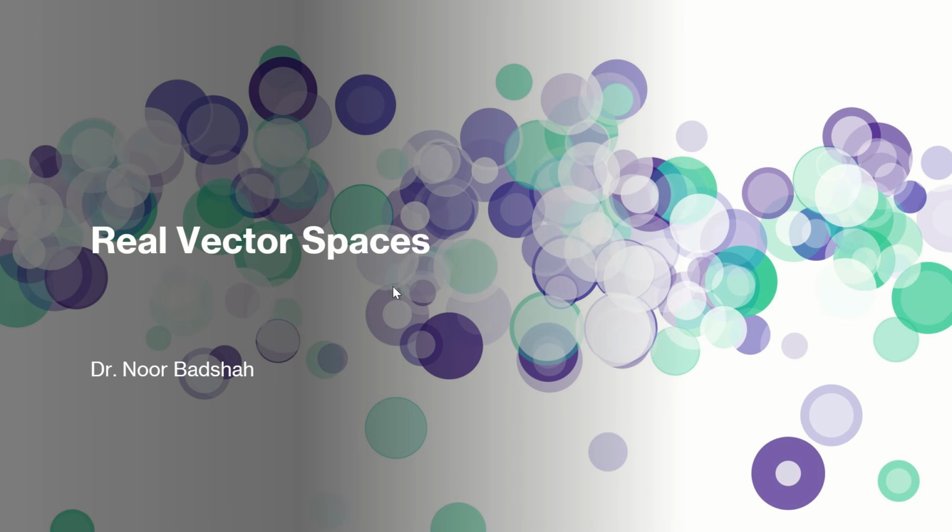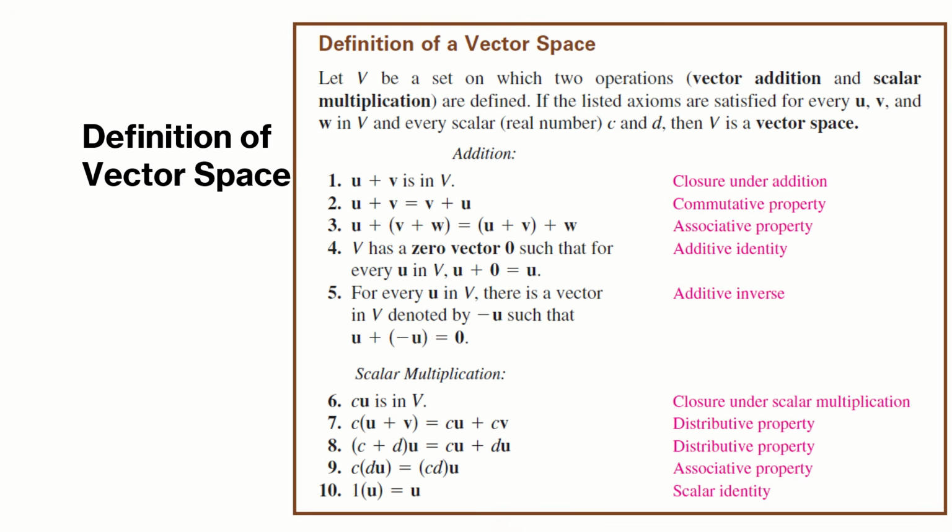Okay, so first we define what we mean by vector space. So let's suppose we have a set on which two operations are defined. One will be addition and the other one will be scalar multiplication.